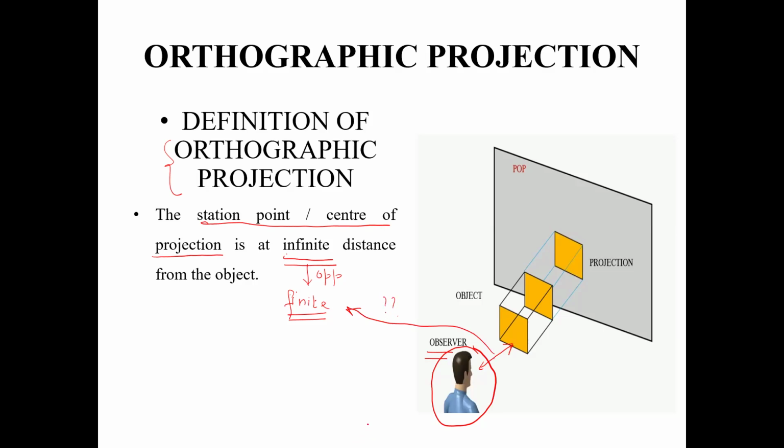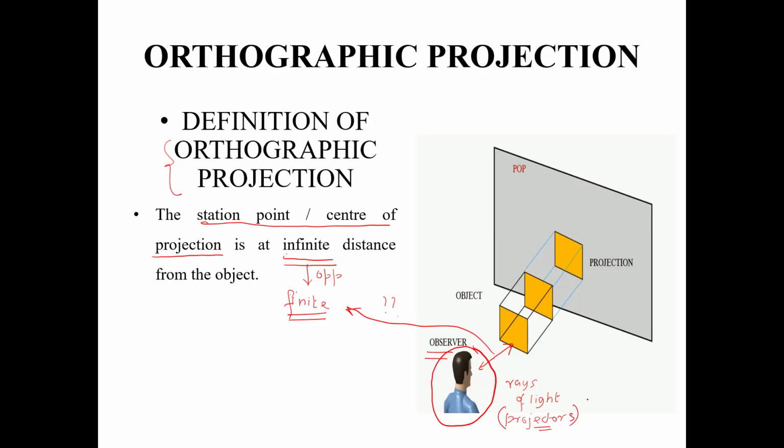Now, if the observer is situated at a finite distance from the object, then when the observer is viewing the object, the rays of light which are originating from his eyes, these rays of light are nothing but the projectors, as we have discussed earlier. The physical significance of the projectors is that the projectors are nothing but the rays of light which are originating from the eyes of the observer, going past the object and finally hitting the plane of projection. That is the real life meaning of the projectors.